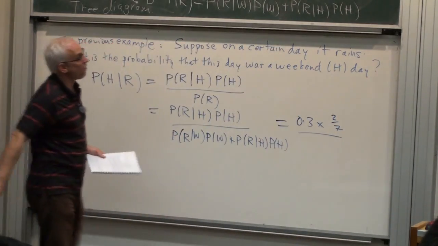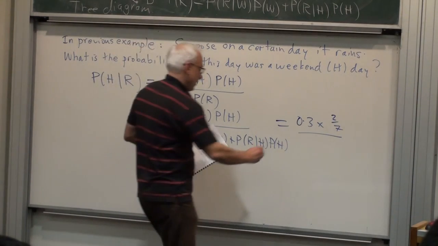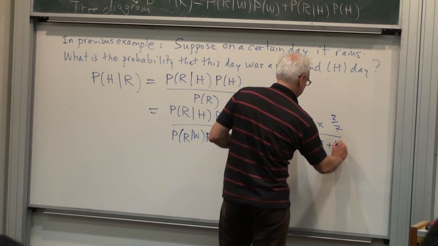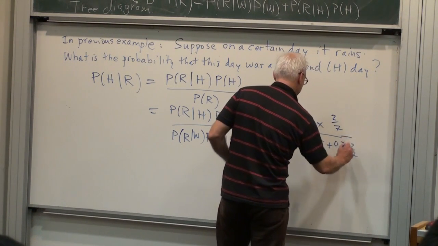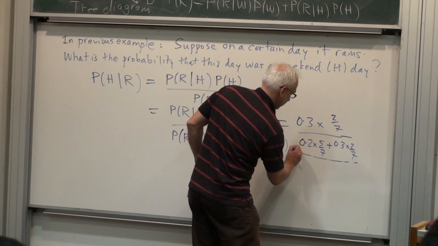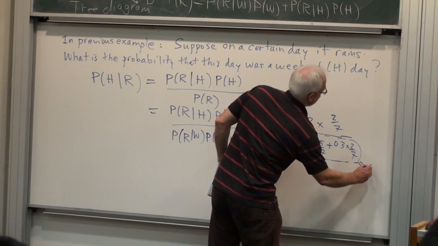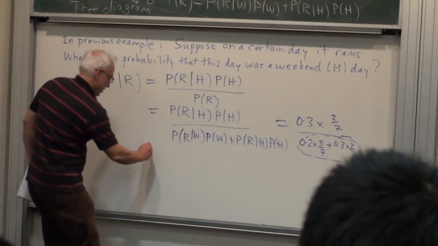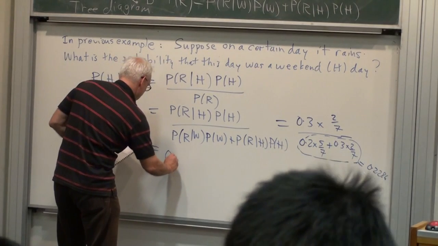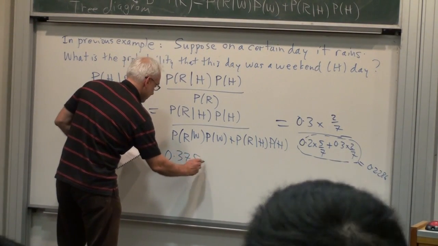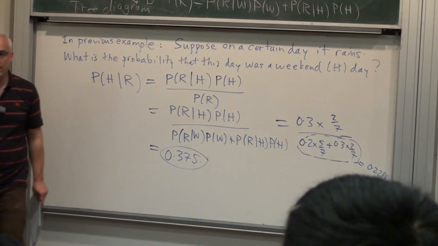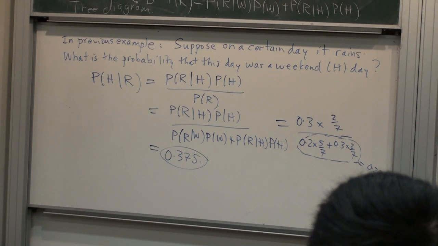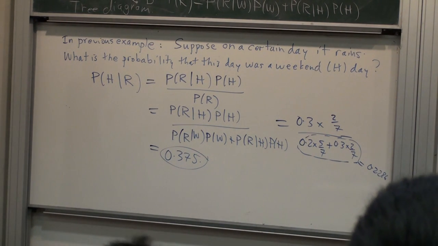And here's this number that we've already computed: 0.2 times 5/7 plus 0.3 times 2/7, which we've already figured out was equal to 0.2286. And so the answer is 0.375, it turns out. So the probability that the random day was a weekend day is 0.375.